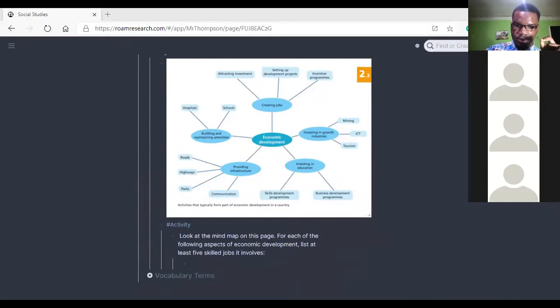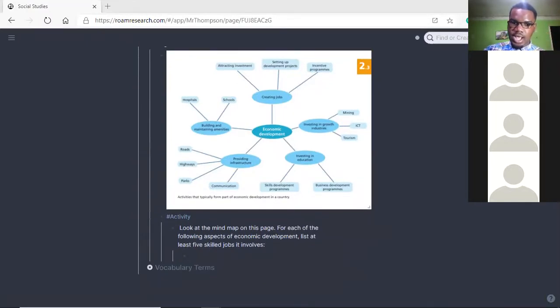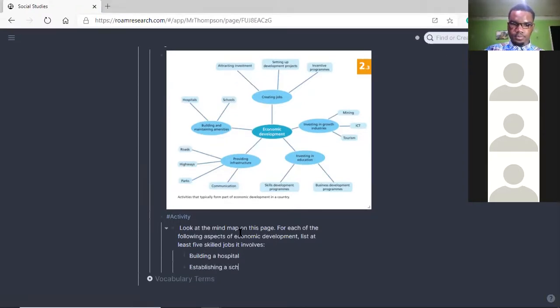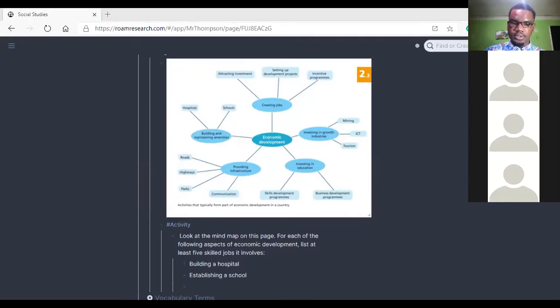Building a hospital, establishing a school. So here's your first one: building a hospital, right? Establishing a school. The final one is providing communication infrastructure.